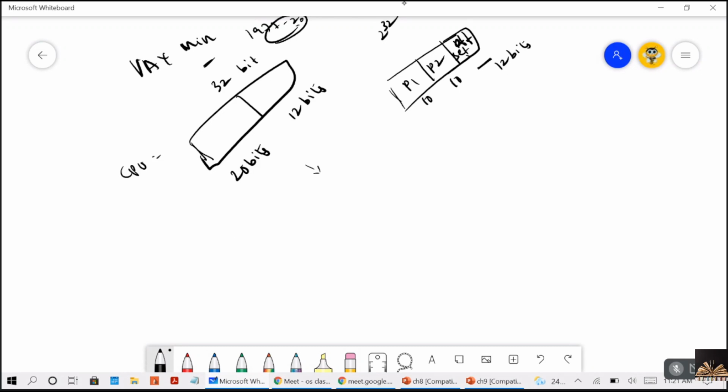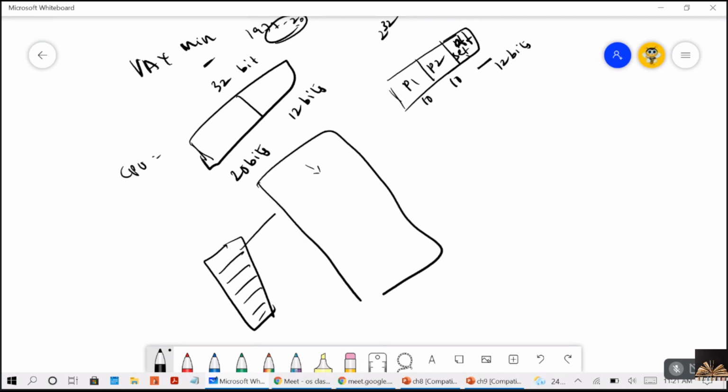So how this can be done is, the outer page will have the entries, and for each entry, the actual page table will have a set of entries like this. To make you understand better, instead of 10 bits, I will take only 3 bits and show you how they will be mapped.